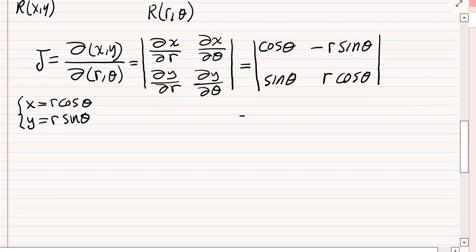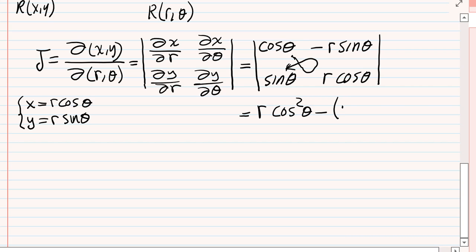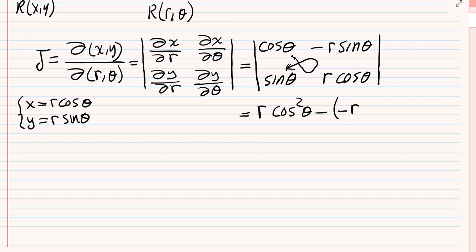Next, using the formula for the determinant of a 2 by 2, remember you multiply the diagonal elements and subtract the product of the off diagonal. So we get r cosine squared theta minus the product of the off diagonal, which is negative r sine theta times another sine theta in the lower left.